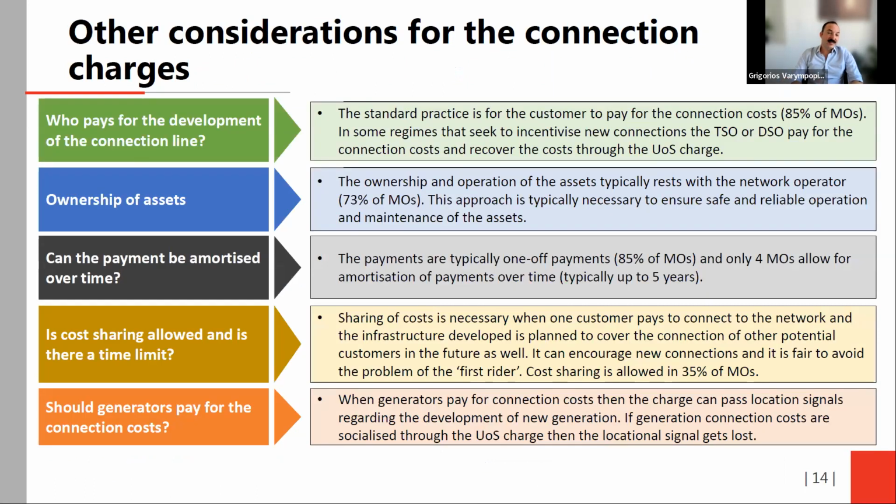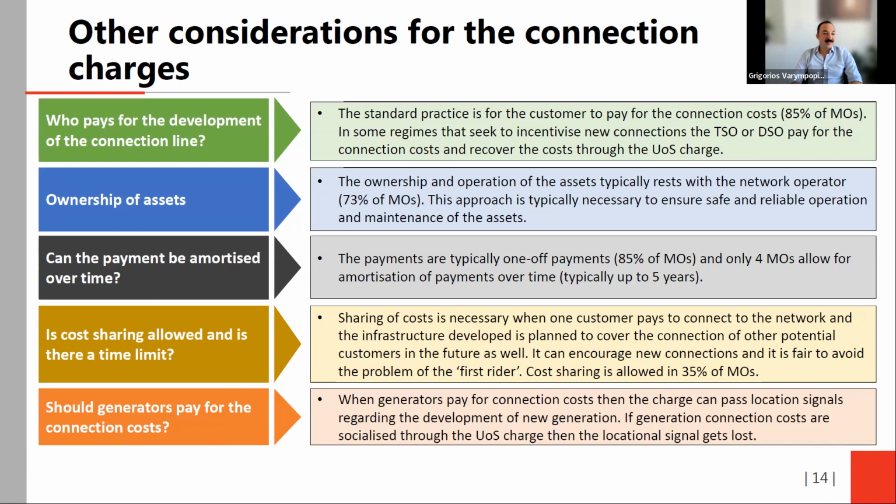Here is the final slide of some other considerations for the connection charges. So who pays for the development of the connection line? The most typical approach is for consumers to pay for the connection cost. So 85% of member organizations have the consumers pay for the connection cost. But in some regimes that seek to incentivize new connection, the payment is recovered through the use of system charges.